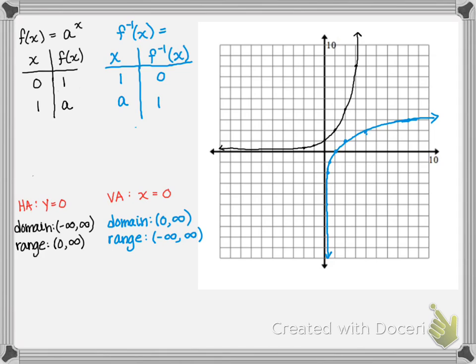This is log base a of x, where that a is a subscript. That x is not an exponent. So it's log base a of x. It's not a raised to the x power or anything like that.